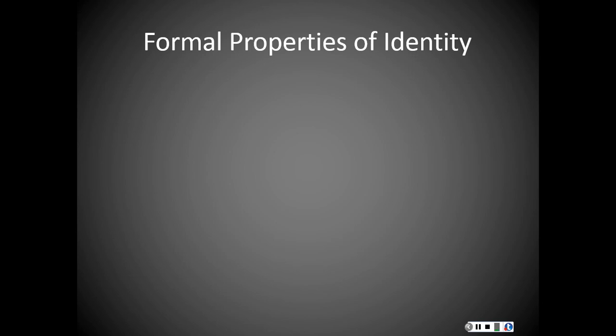Okay, now that we've introduced the identity symbol and a couple of rules that govern that symbol, I want to talk about some of the formal properties that identity has. First of all, identity is reflexive. That is, everything is identical to itself. For any x, x equals x.